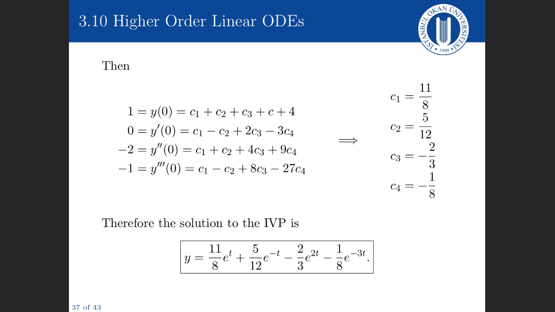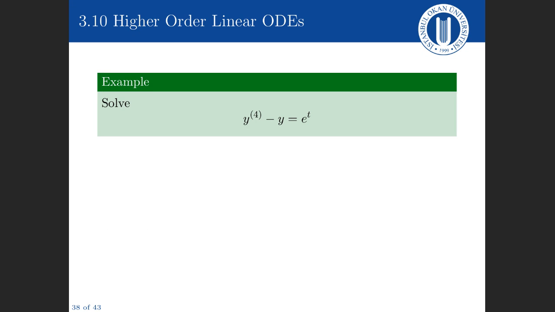Then we can write down the solution to the initial value problem: 11 over 8 e to the power t plus 5 over 12 e to the power minus t minus 2 over 3 e to the power 2t minus 1 over 8 e to the power minus 3t. Same ideas that we would use for second order equations.